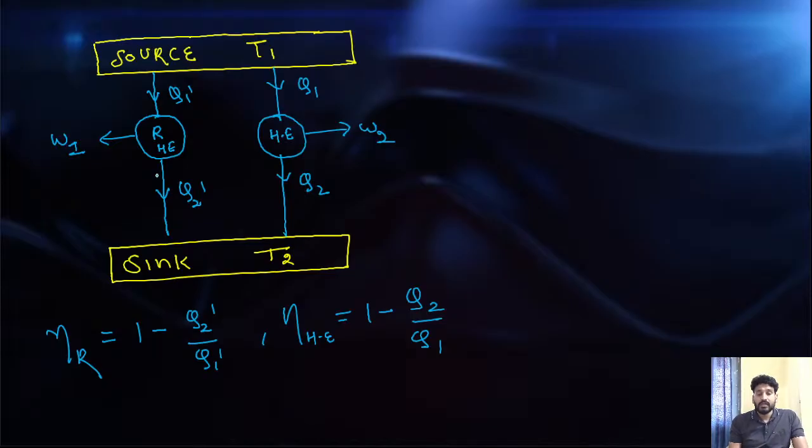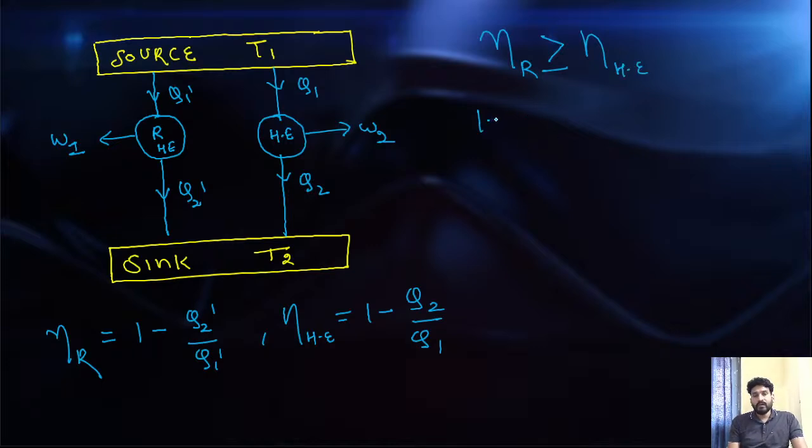It is fixed. So I can say that the reversible heat engine efficiency is always greater, or if this heat engine is reversible, then it can be equal to this heat engine.